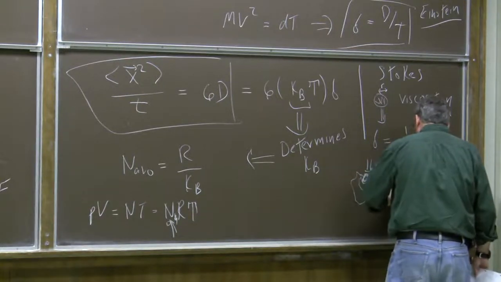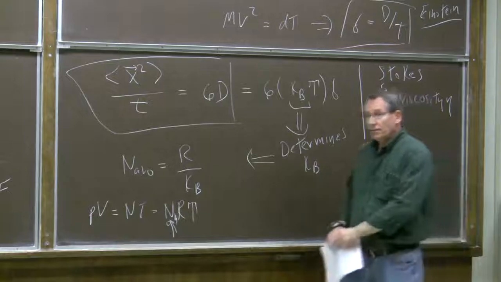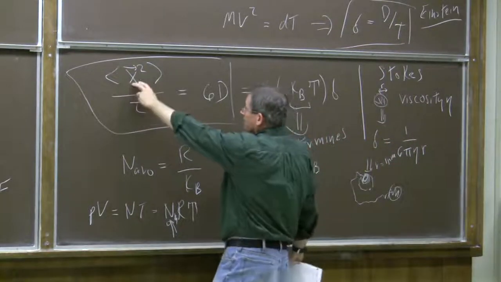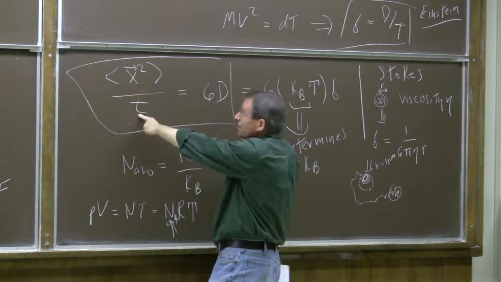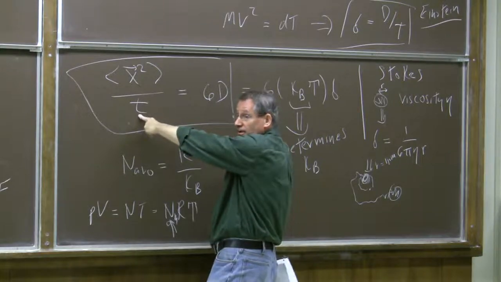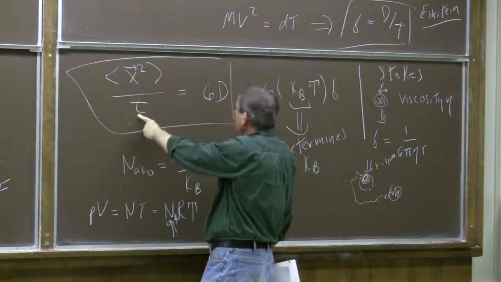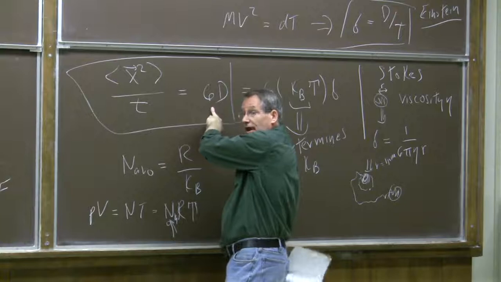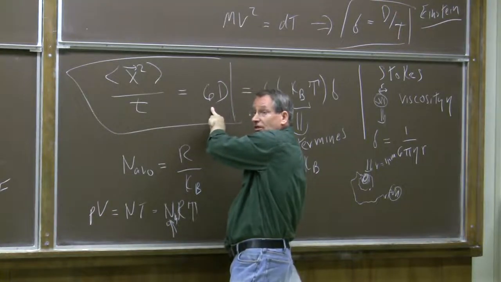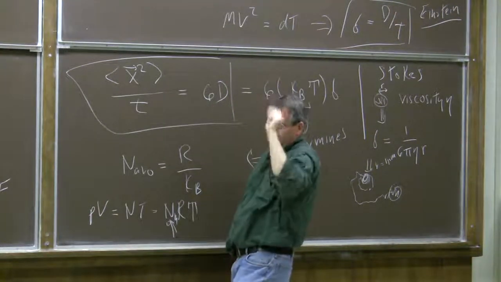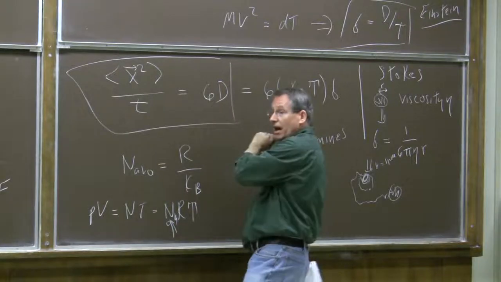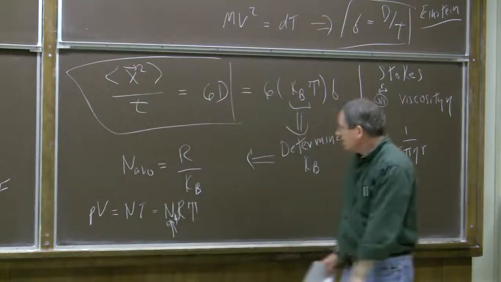And then you can, with a stopwatch, verify that the distance it typically travels scales like the square root of the time, or distance squared scales like t, with a constant of proportionality, which you can then determine by looking at how far it goes. And that's how 6D can be extracted from the data.